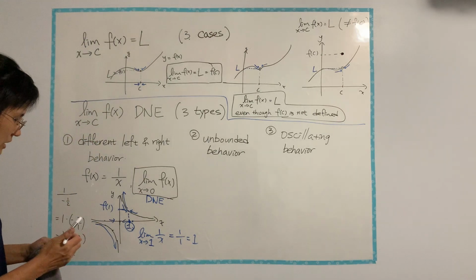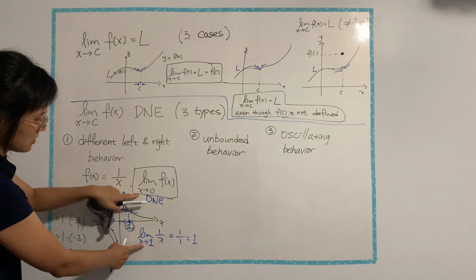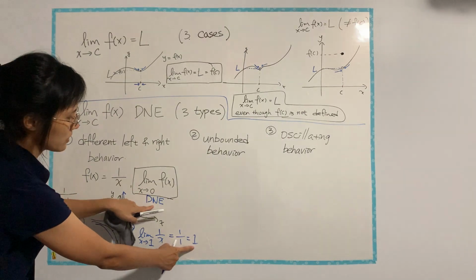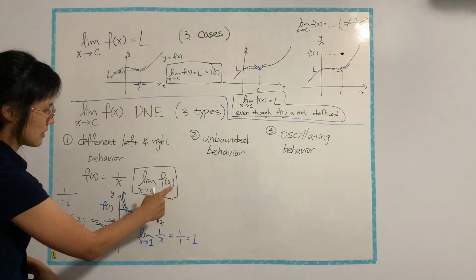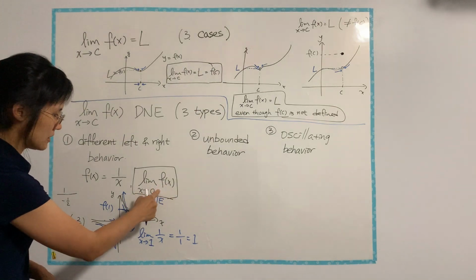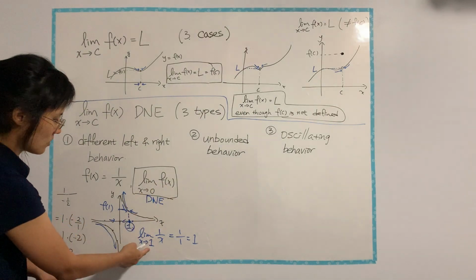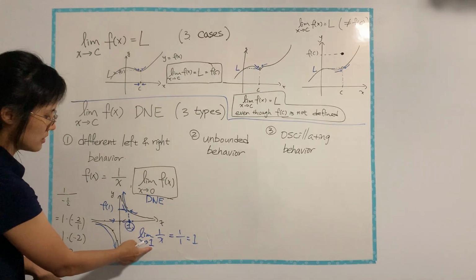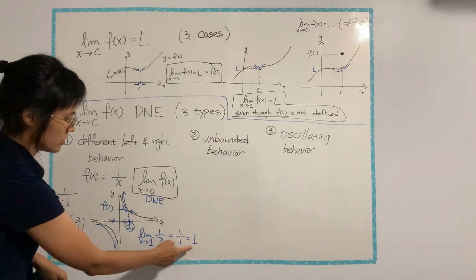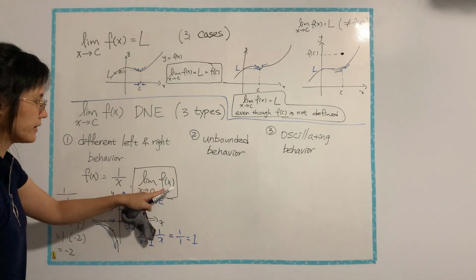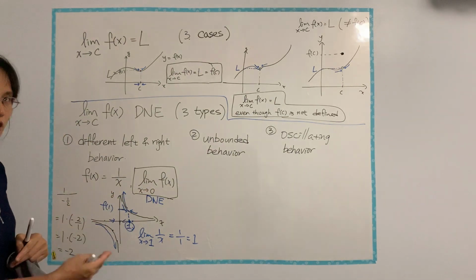So different locations could give you different answers. When x approaches 0, the limiting value does not exist. When c is 1, when x is approaching 1, the limiting value equals 1. So both the what and the where are important.